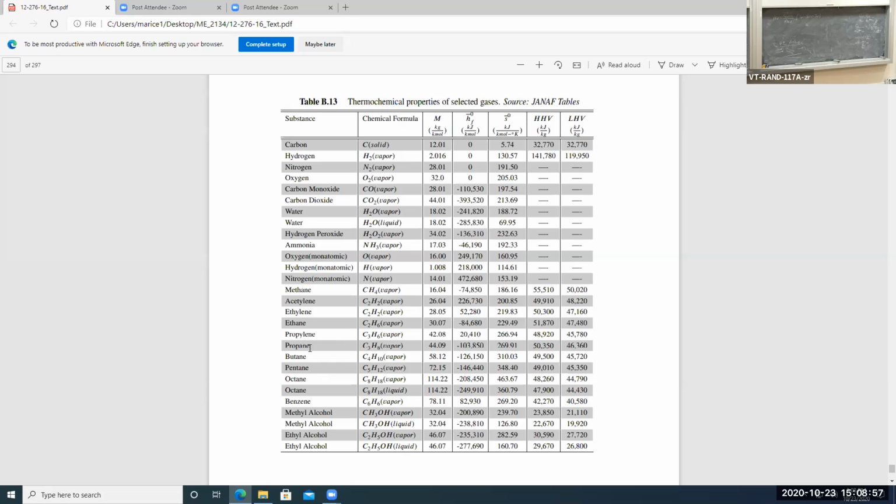Now, we have propane. Our exhaust H2O is a vapor, so we want the lower heating value. From the table, I see 46.3 megajoules, not kilo, megajoules per kilogram.